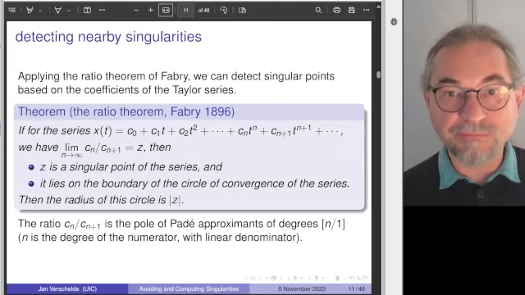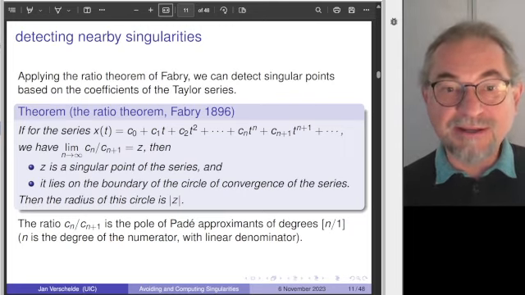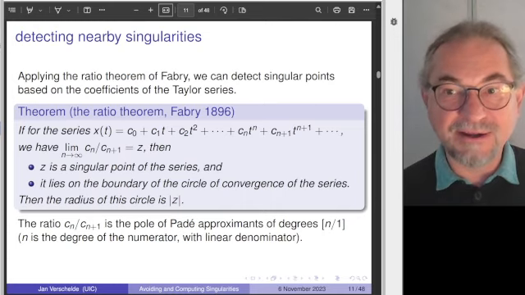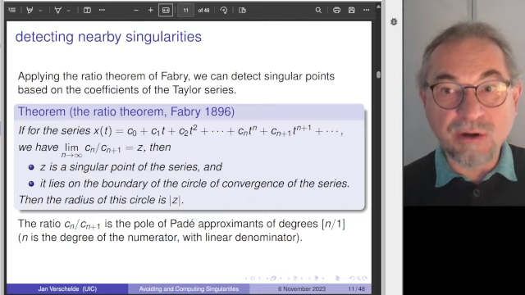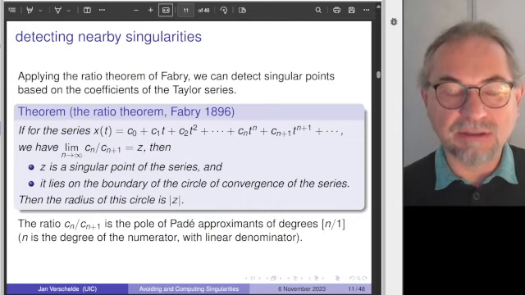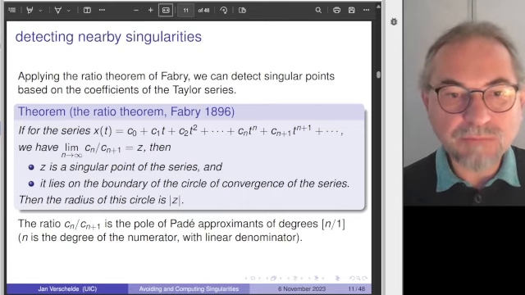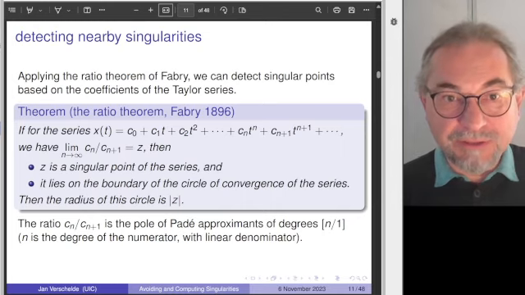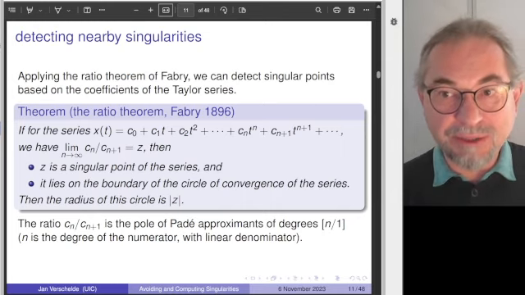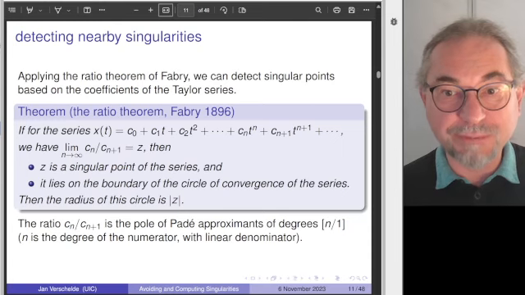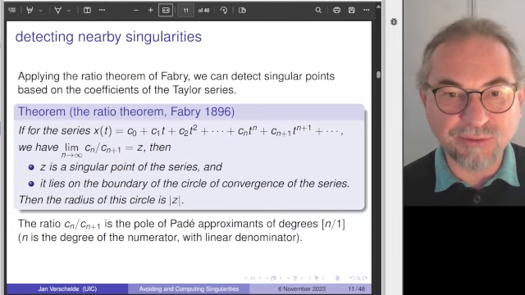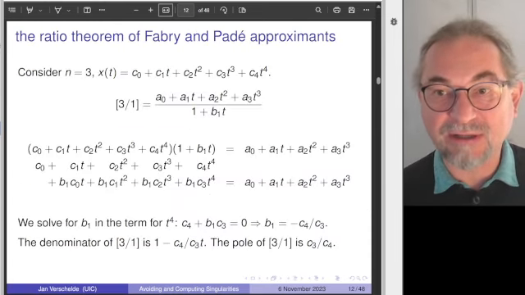So this ratio theorem of Fabry is very important in our adaptive step size control, in our a priori step size control. So the proof of the ratio theorem of Fabry is very complicated, but you can see the ratio as the pole of the Padé approximants, and I will explain this on the next slide.